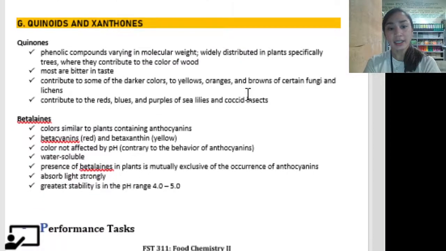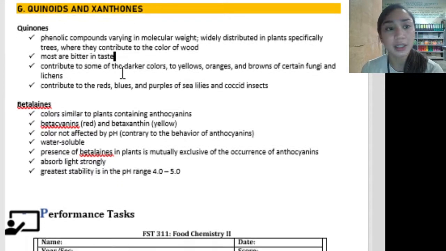Okay, and then lastly, we have quinones and xanthones. So, quinones and xanthones are still part of the phenolic compounds. So, quinones, they are phenolic compounds varying in molecular weight. So, ito ay distributed mostly in trees and they contribute to the color of wood.